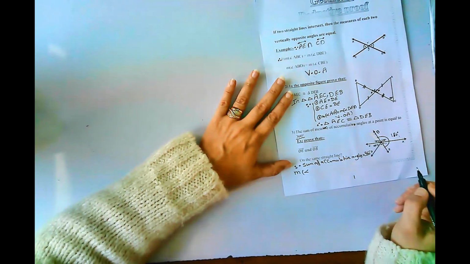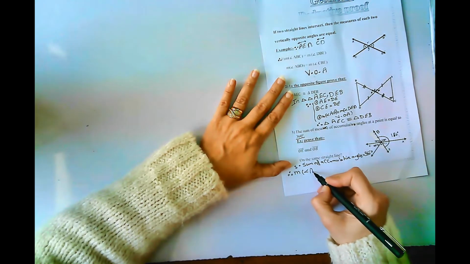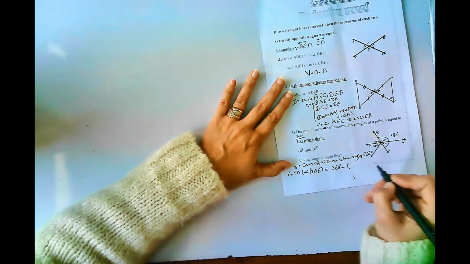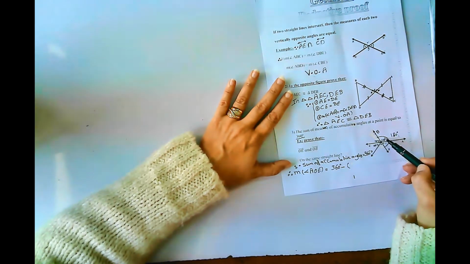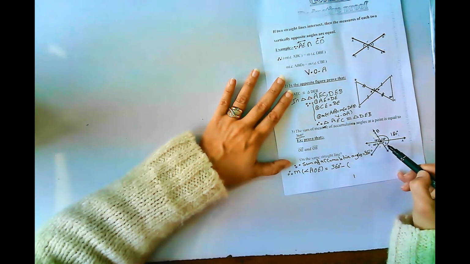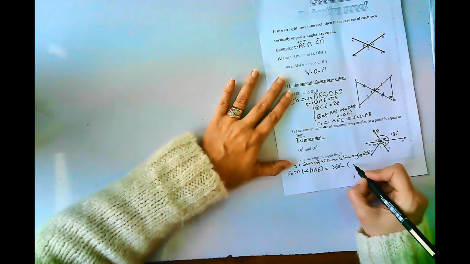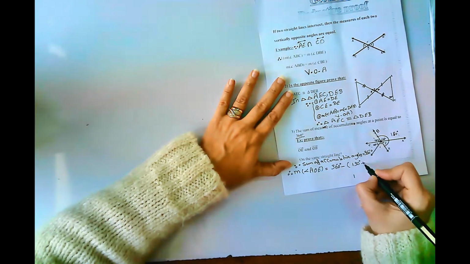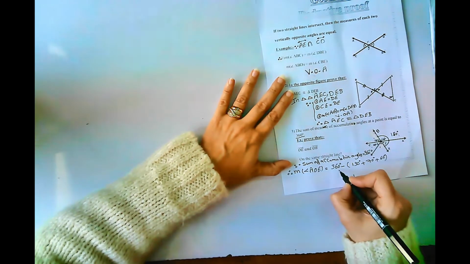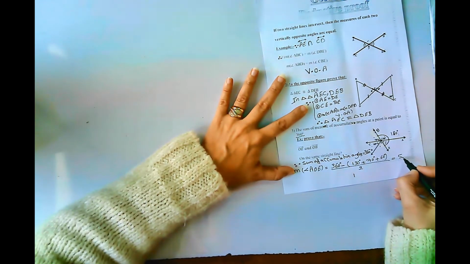therefore, the measure of angle AOE equals 360 minus (130 plus 70 plus 60) divided by 2, which equals 50.